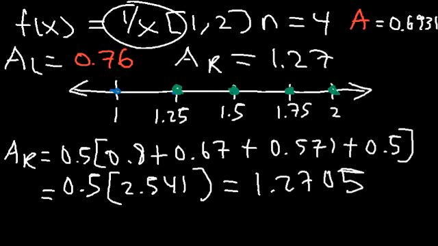For some reason, that just seems too high. And the issue is delta x. Delta x is not 0.5. I made a mistake. It's 1/4, it's 0.25. So let's correct that mistake.